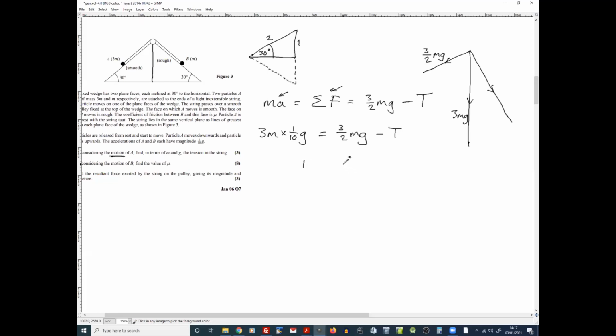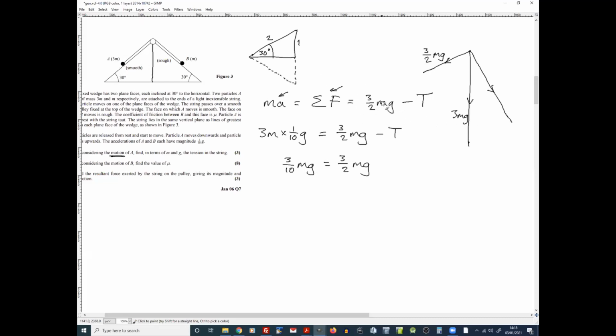I mean, we could simplify the left-hand side. That is probably a good idea, isn't it? Then we'd have 3/10 mg. But aren't those mg's different? No. Oh yeah. Oh, no, they aren't. They are the same, because look, 3m here.